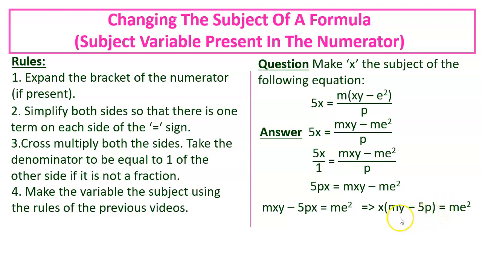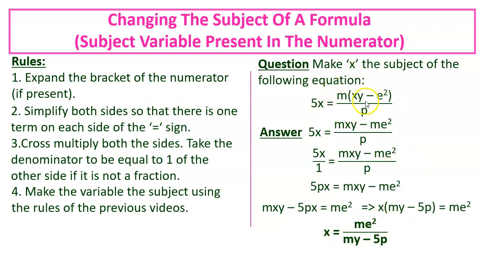So the last step that we do is we take the part within the parenthesis to the denominator of the other side. So we have x equal to me to the power of 2 over my minus 5p. So x has been made the subject of this equation or this formula.